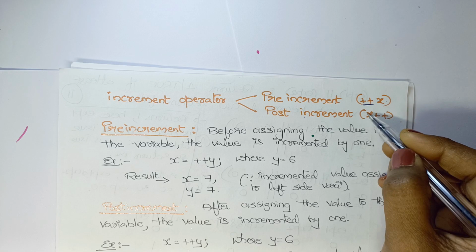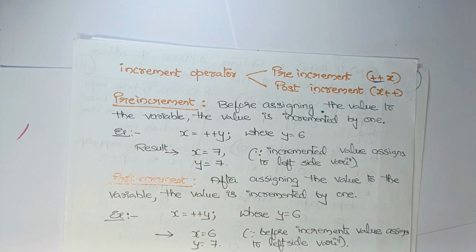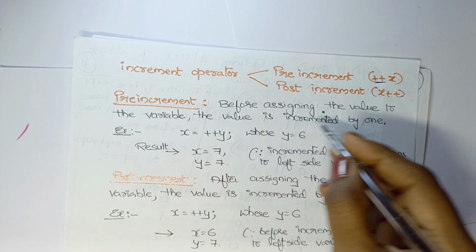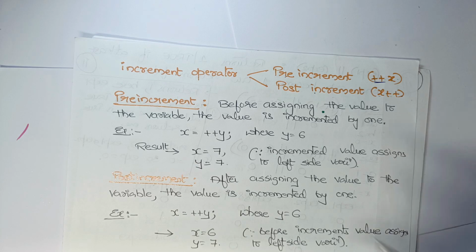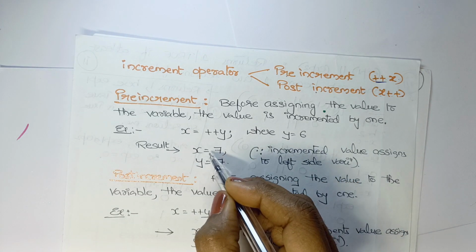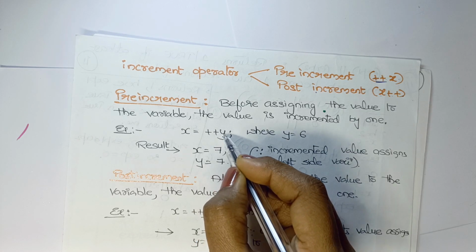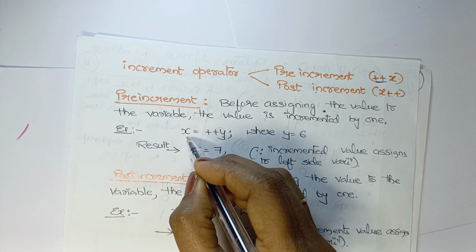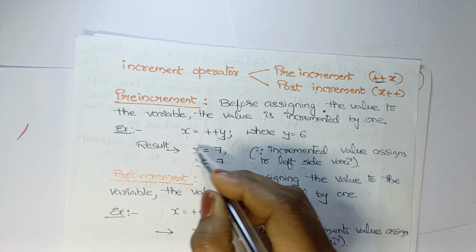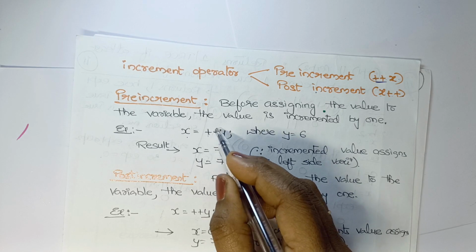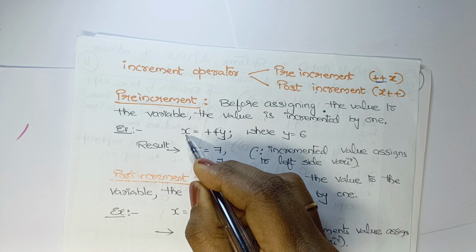Post means after, so x plus plus is a post-increment. In pre-increment, before assigning the value to the variable, the value is incremented by 1. So plus plus increments its value by 1 before assigning the value to the variable.